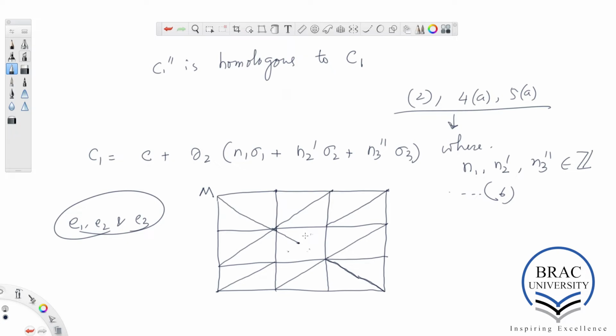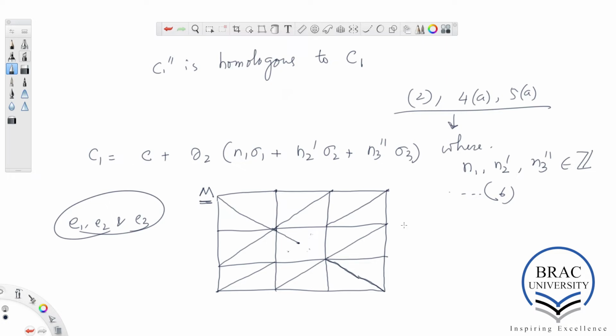So we have seen that we started with a one chain C on the given complex L, and we have been able to prove that the one chain C is homologous to a one chain C1 that is carried by this subcomplex M of the given complex L, right?